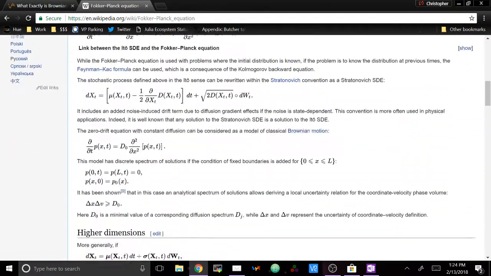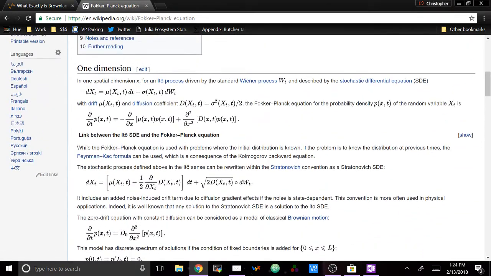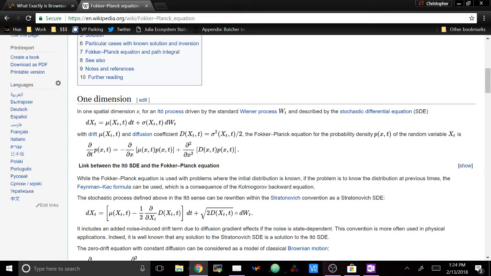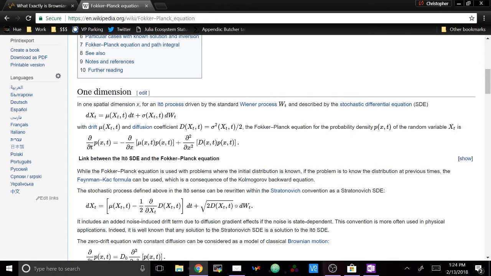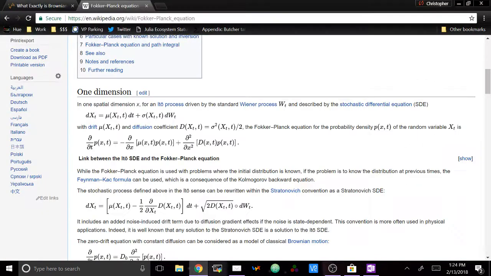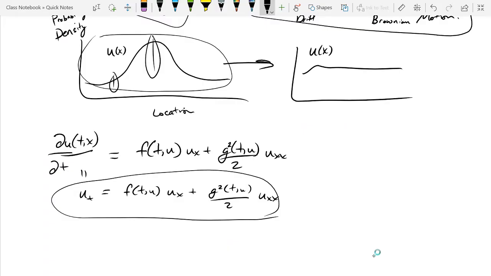So let me see here. Actually, the derivative terms are around the... I'm actually making the assumption here that... that's the issue.